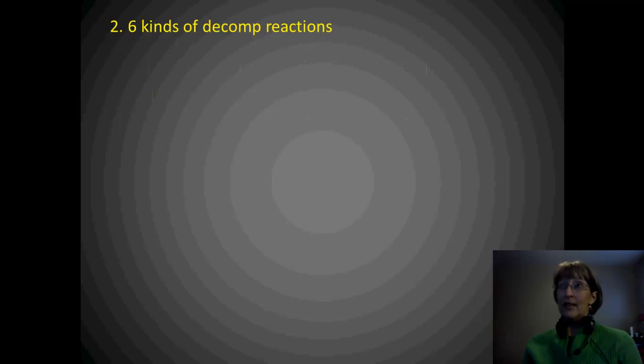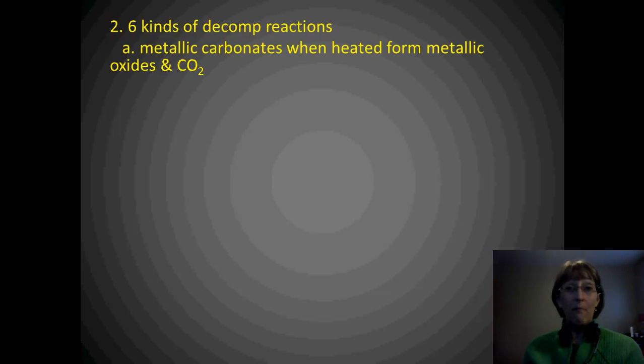There are 6 major things you need to look for to determine whether or not it's a decomposition reaction. There are certain characteristics that you look for, or certain things that typically react. So, if you have a metal carbonate, pick any metal on the periodic table and combine it with CO3, so let's say Na2CO3 or BeCO3, when you heat them, they're going to form a metal oxide and carbon dioxide.